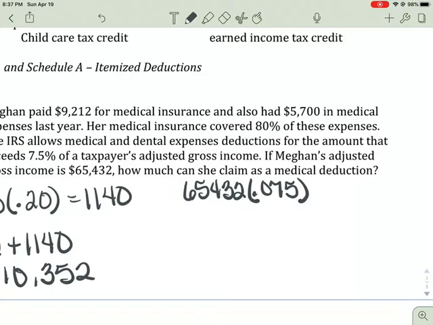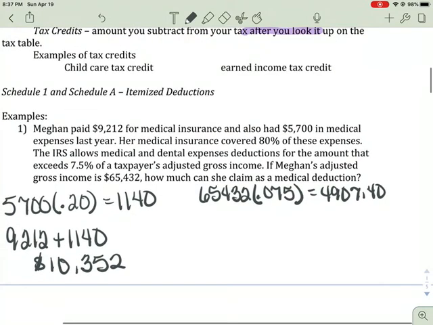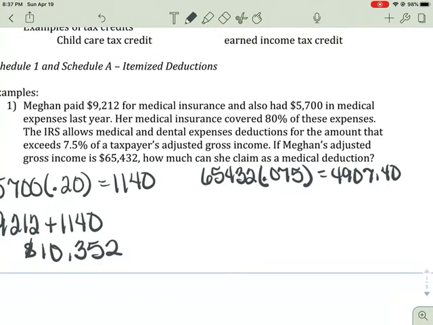That's $4,907.40. It has to exceed that much, so we have to figure out how much it exceeded. We're going to take her expenses and subtract her allowable amount.